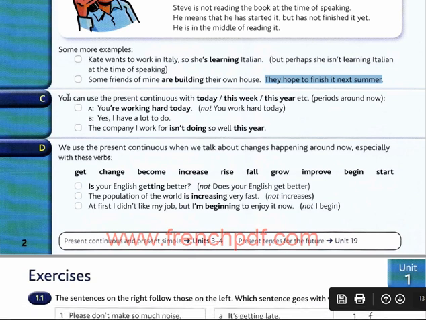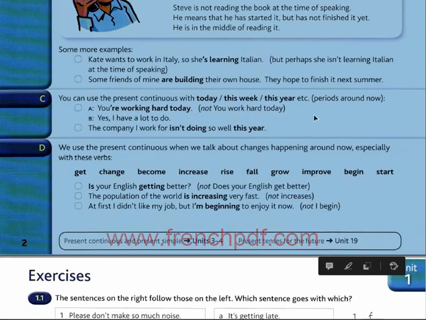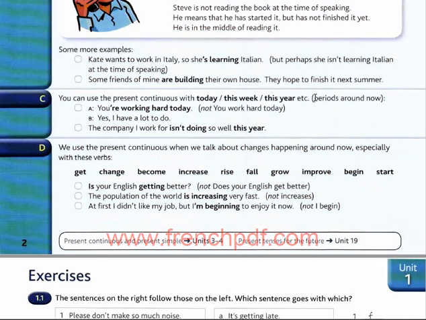You can use present continuous with some words, like for example today, this week, or this year, or any other words which talk about periods around now. Let's see, for example, you are working hard when? Today. No, you cannot say you work hard today.